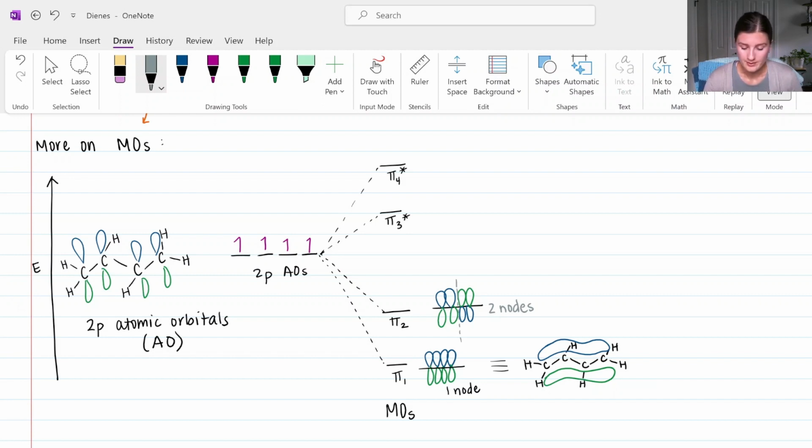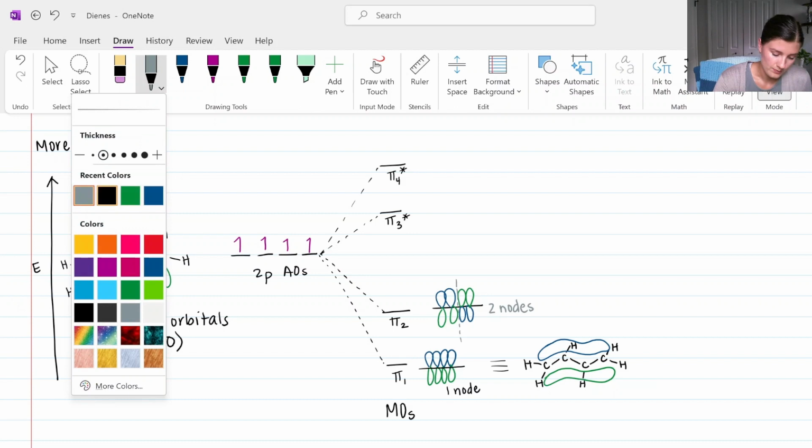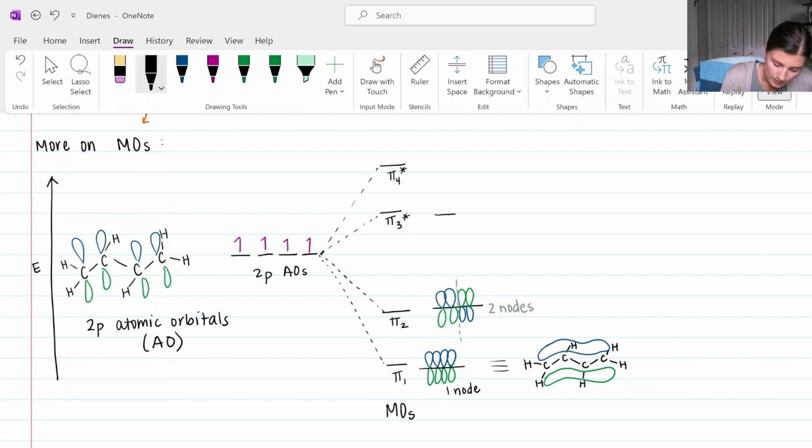Pi 3 is even higher energy. We will now have 3 nodes present, and that occurs when we have the 2 p orbitals in the center overlap with each other, but do not overlap with the p orbitals on the outside.